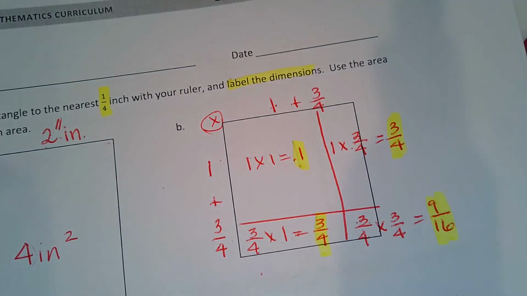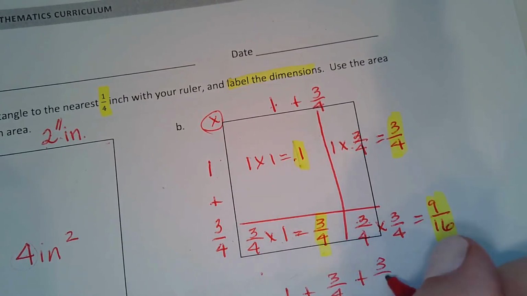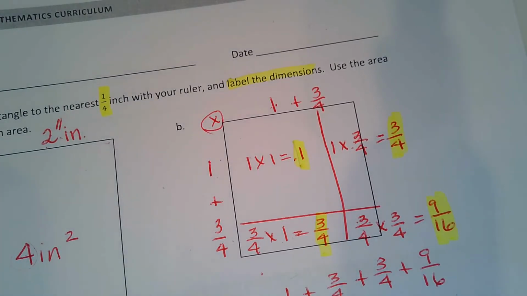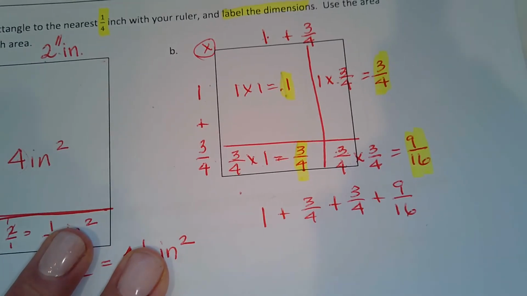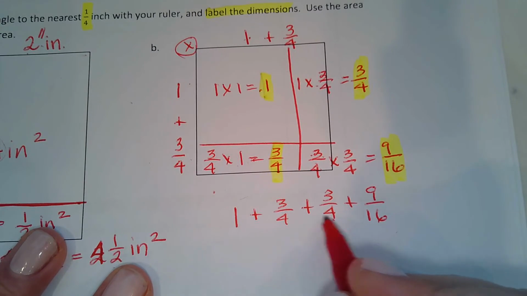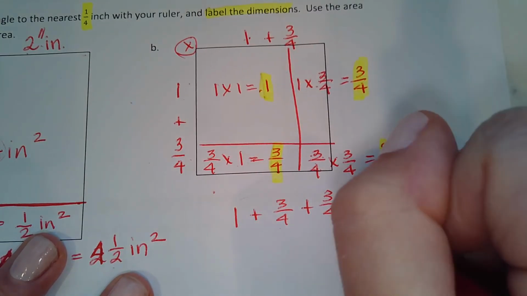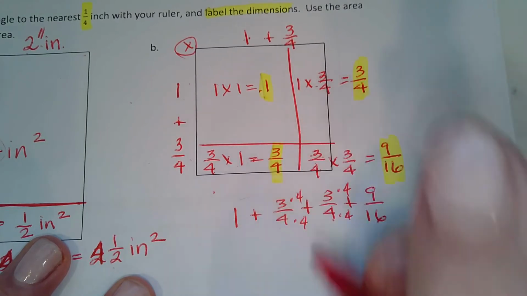All right, so here's 1 plus 3/4 plus 3/4 plus 9/16. Now, in order to add up fractions, you have to have common denominators. So I'm going to turn this into 16. I'm going to multiply by 4.